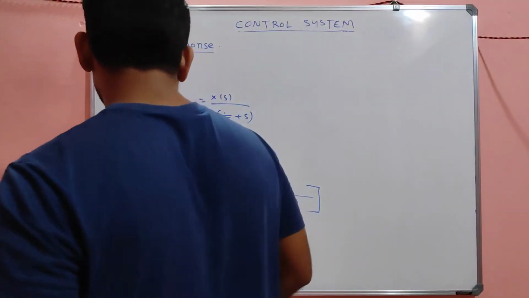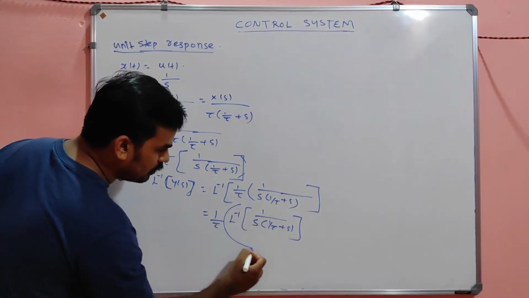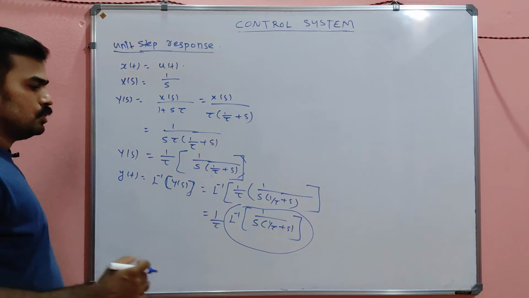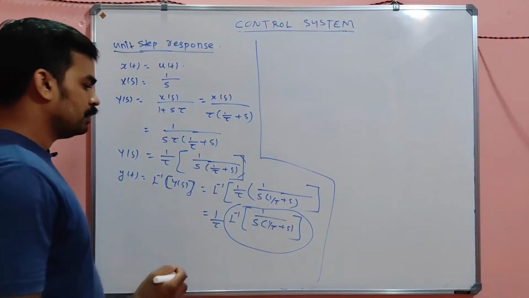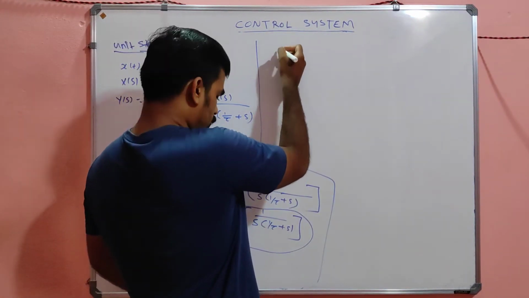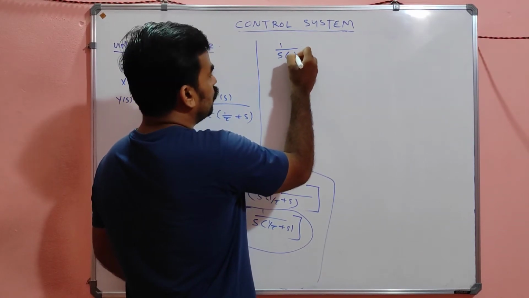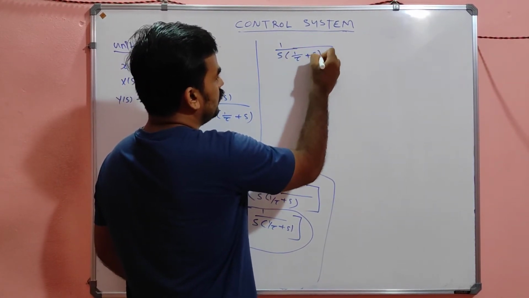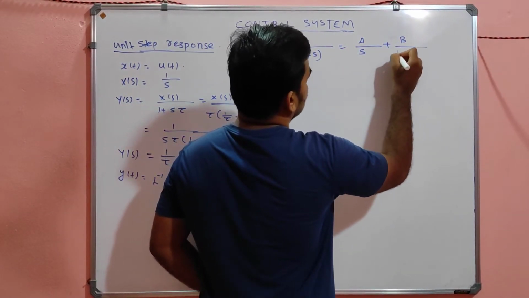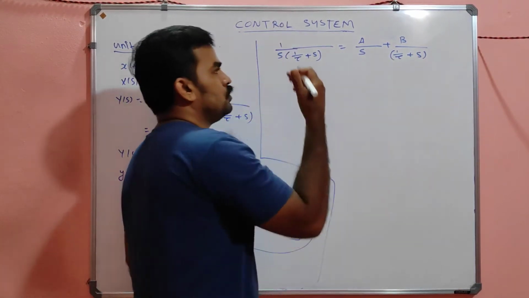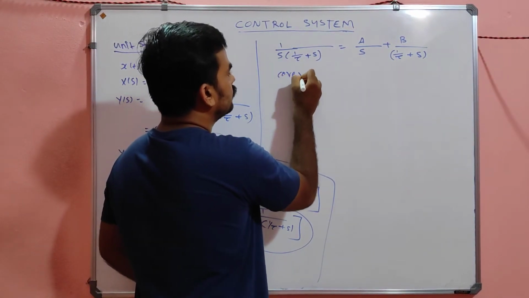For solving this we have to use the partial fraction method. 1 by tau let be there, and I take the partial fraction: 1 by s into 1 by tau plus s may be taken as a by s plus b divided by 1 by tau plus s. For finding the values of a and b, there is a very easy rule called the cover-up rule.